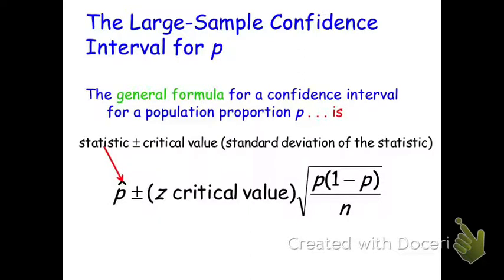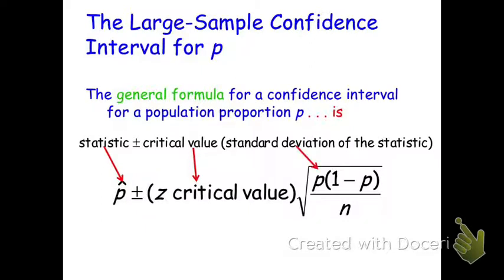That is my point estimate. I want you to write that in. Point estimate: that is the proportion that you get when you take a sample, and it'll be given to you in the problem.